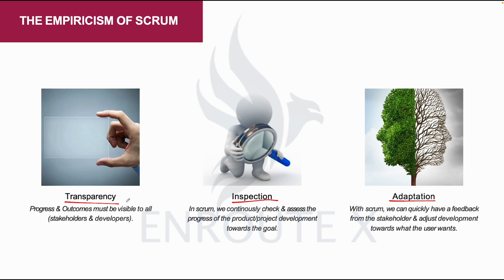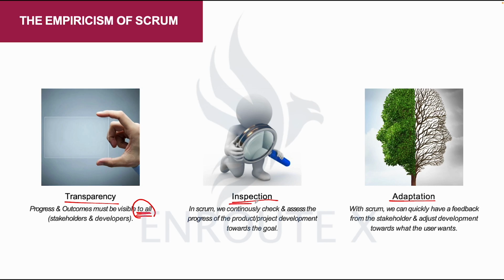That is exactly what transparency focuses on. The progress and outcome must be visible to all. Scrum is big on visibility of the status of work per time. Nothing is hidden under Scrum.